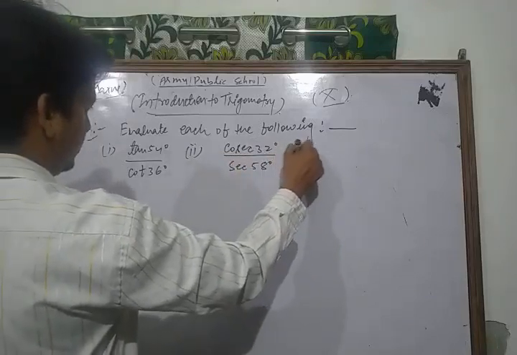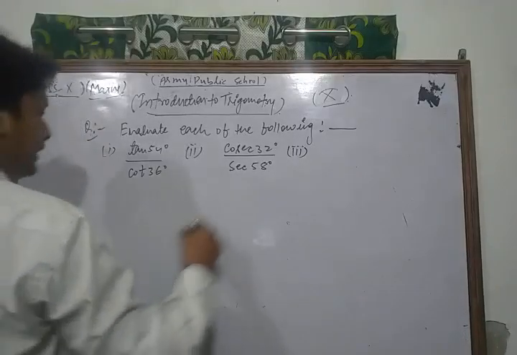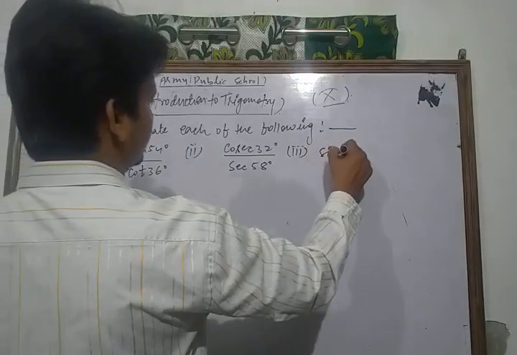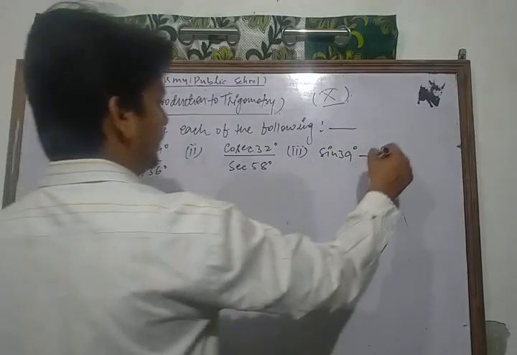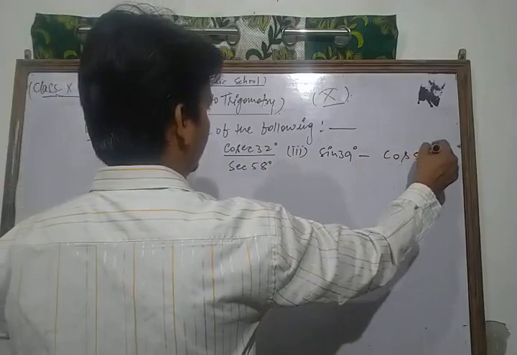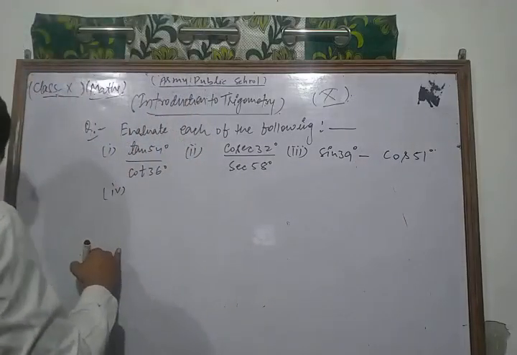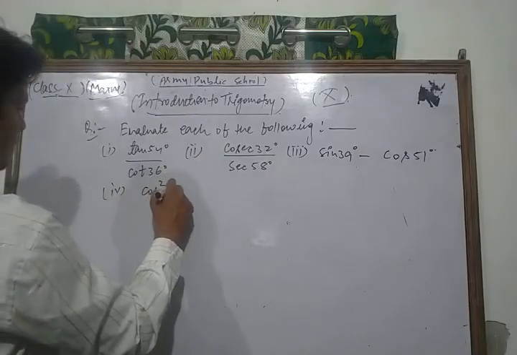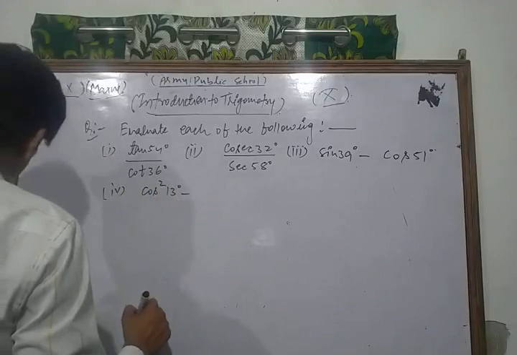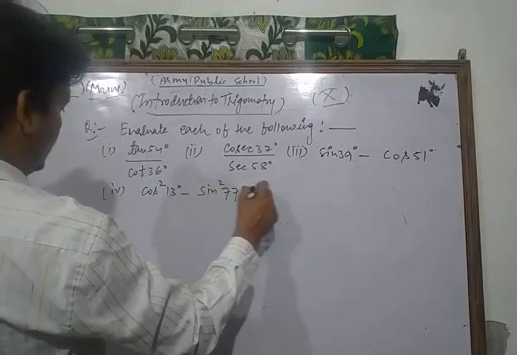Third one, sin 39 degree minus cos 51 degree. Fourth one, cos square 13 degree minus sin square 70 degree.